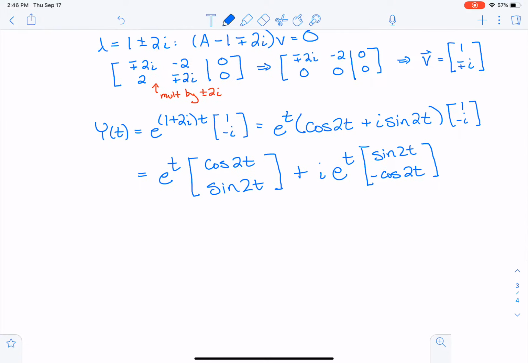Now, you could go through the whole process again for the other eigenvalue and eigenvector.